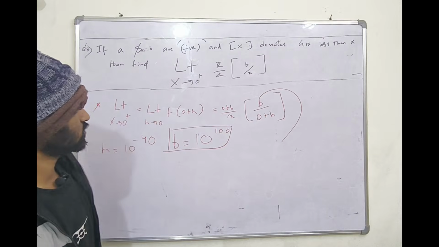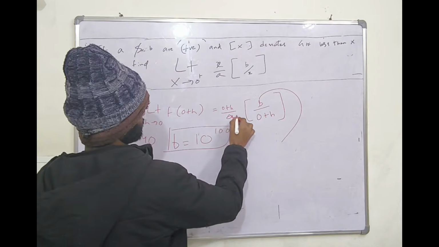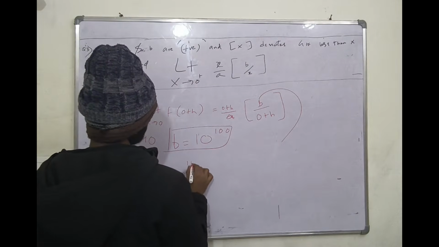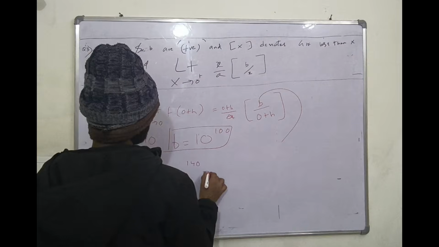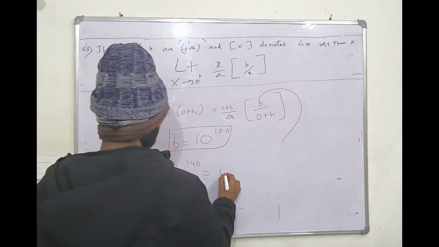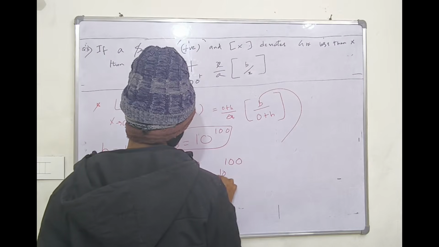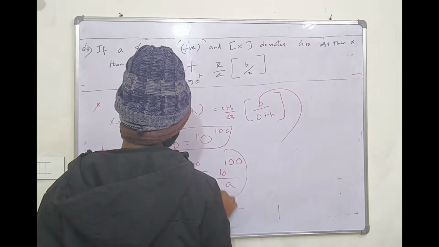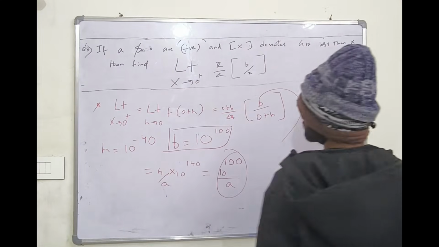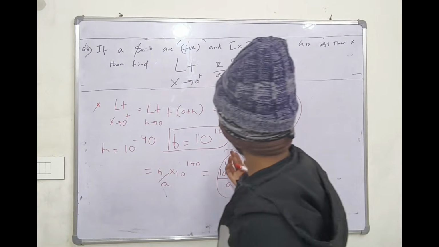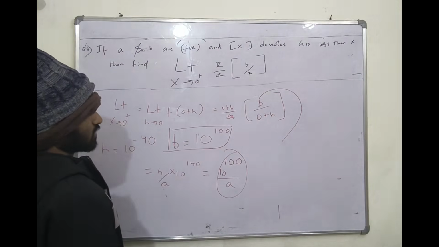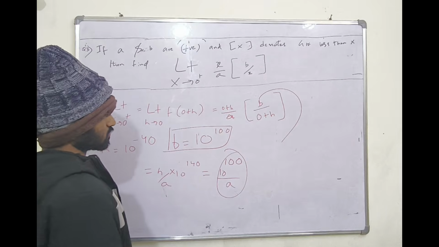So h by a into 10 power 140. Again h is 10 power minus 40 into 10 power 140 is 10 power 100 by a. Before we got 1 by a, and here we are getting 10 power 100 by a.